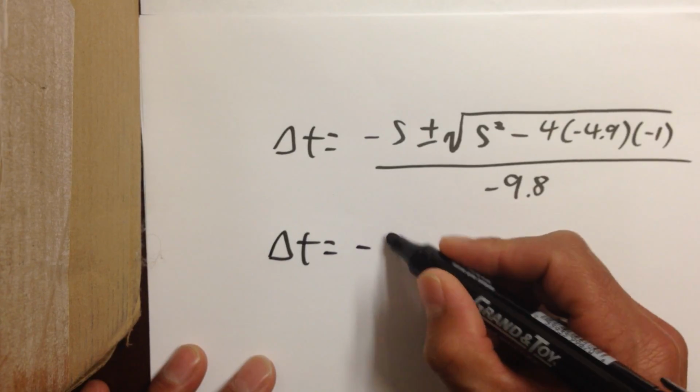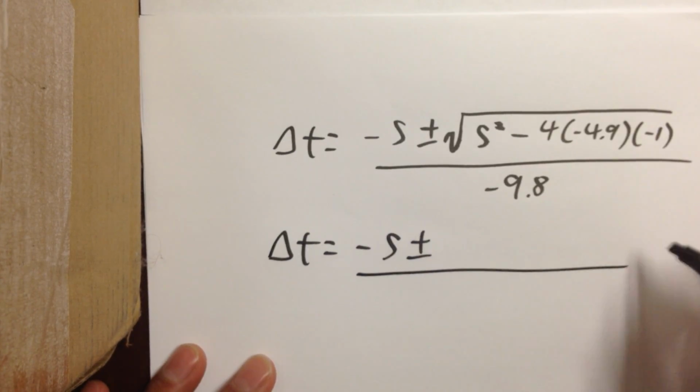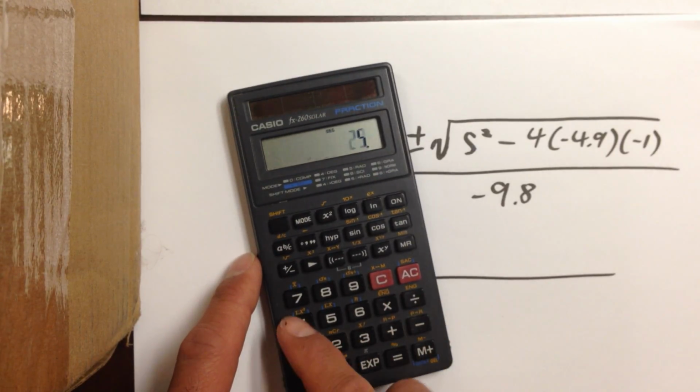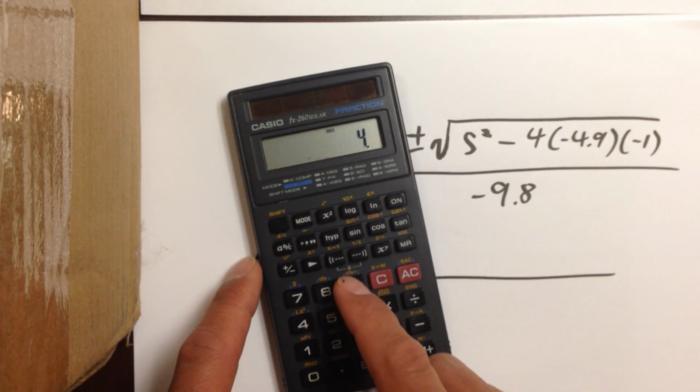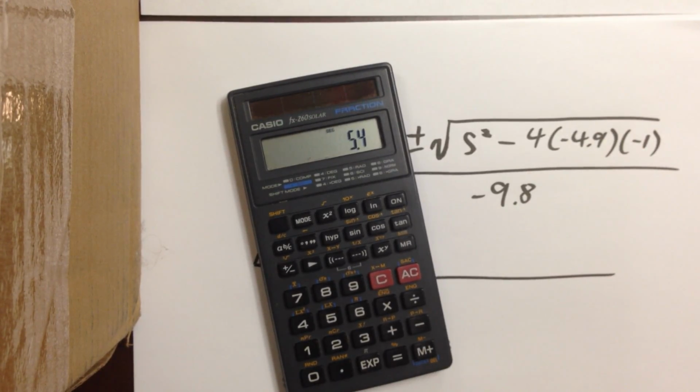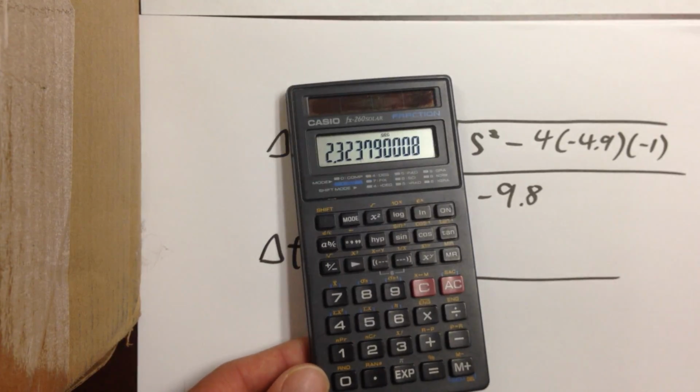So delta t is negative 5 plus or minus the square root of 5 squared, which is 25, minus 4 times 4.9. I just turned it to a positive because I got a negative times a negative. That gives me 5.4, and its square root is 2.32.